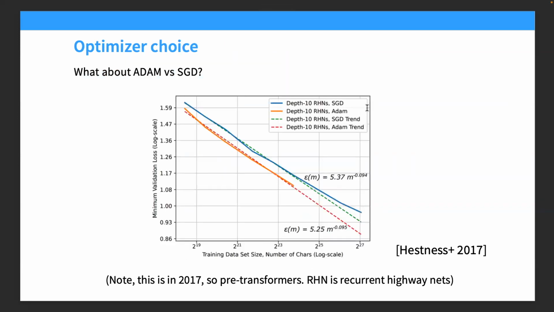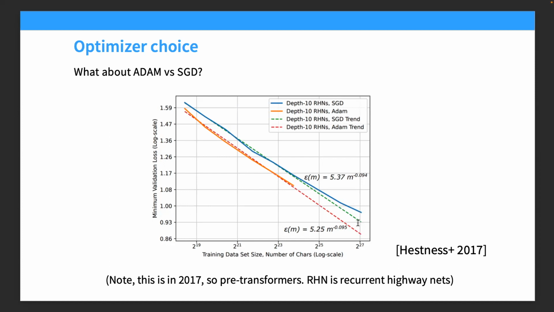The same applies to the optimizer, right? People can also study different optimizers with small models first, using a smaller data set and smaller models. The orange line is using the Adam optimizer, and the blue one is using SGD. This line is what is observed when you train smaller models, and then you can extrapolate to predict what it would be like when we scale up to a larger scale.